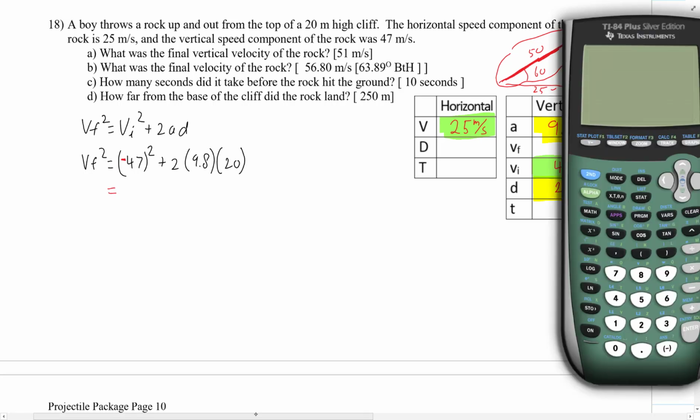So negative 47 squared. Calculator, here we go. 47 squared is 2209. It'll be positive, plus 2 times 20 times 9.8, 392.